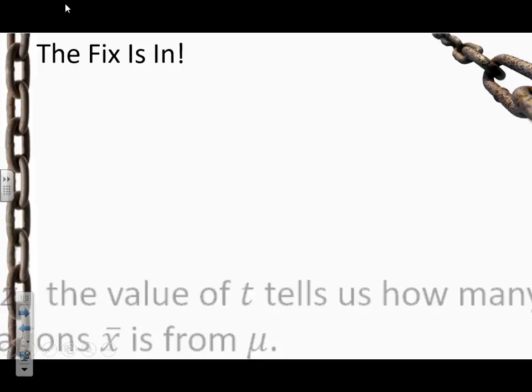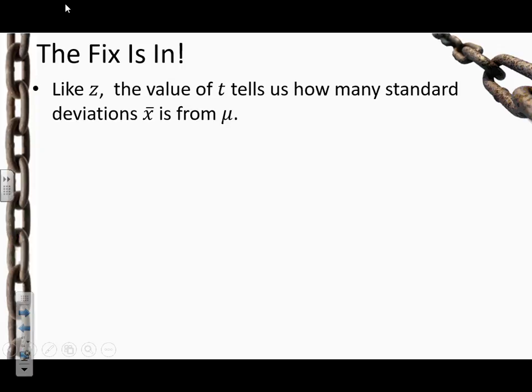Okay? So, like z, the value of t will tell us how many standard deviations x bar is from mu. So now instead of using a z star for our critical value, we're going to use a t star for our critical value.